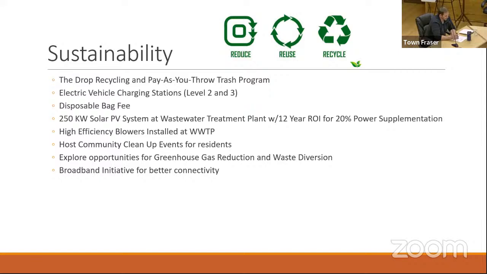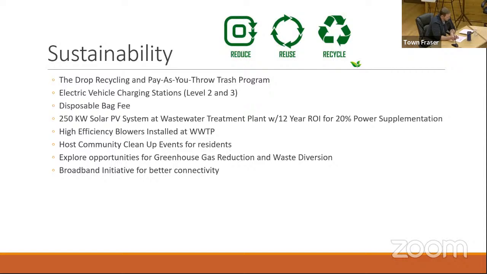But that's what the electric bill for the wastewater treatment plant typically ranges between, $15,000 and $18,000. So we are looking at putting in the solar system with a 12-year return on investment, which is going to work really well. It's working with some great programs that they have set up through Mountain Parks Electric, and that will provide 20% of the power for 25 to 30 years for that facility, which is fantastic. So that's a great initiative that we're excited about.